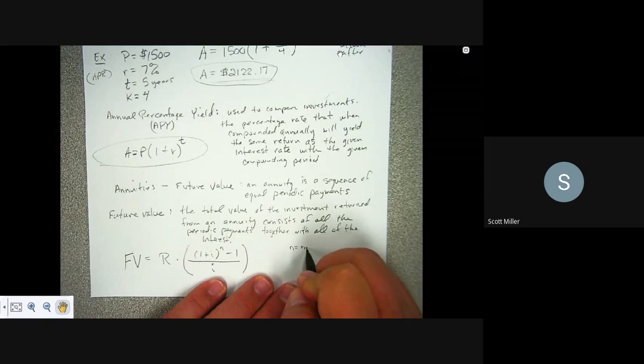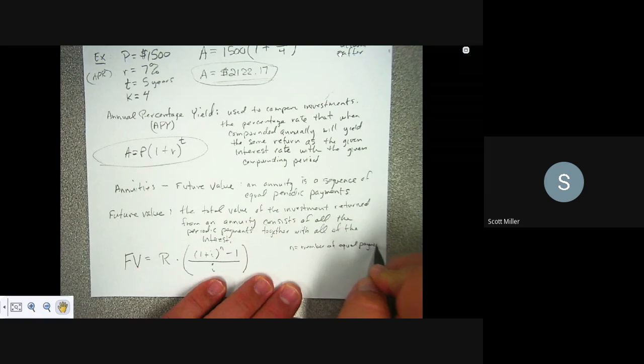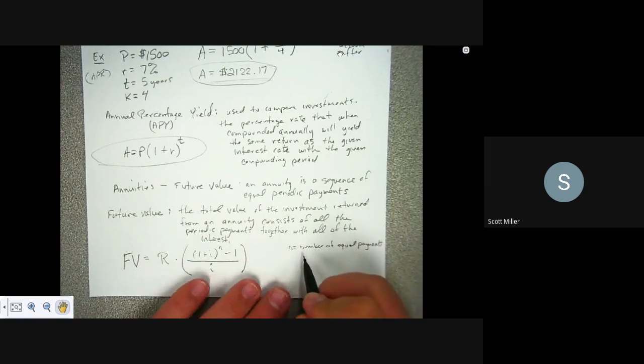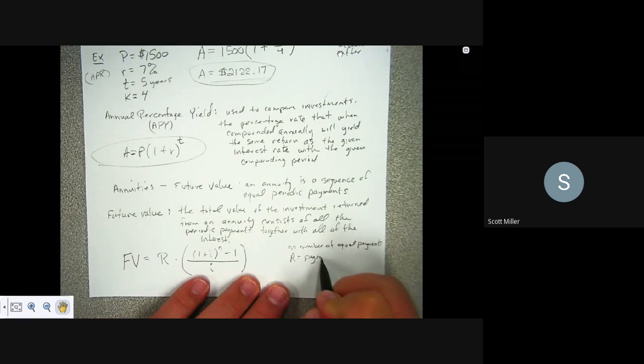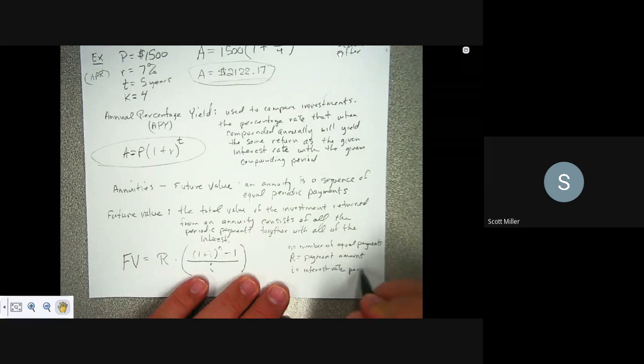It's the number of equal payments. How many there are. R is the payment amount. And then I is the interest rate per period.